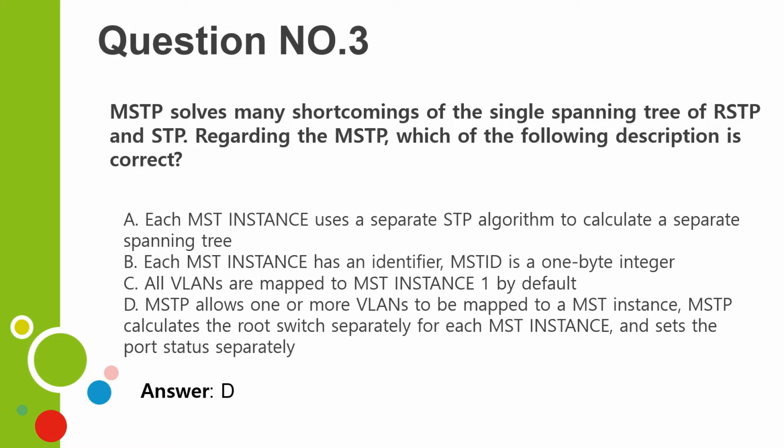MST ID is a 1-byte integer. C. All VLANs are mapped to MST instance 1 by default. D. MSTP allows one or more VLANs to be mapped to a MST instance. MSTP calculates the route switch separately for each MST instance, and sets the port status separately. Answer D.